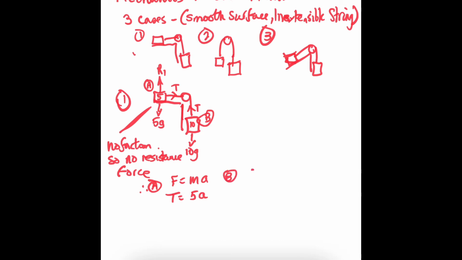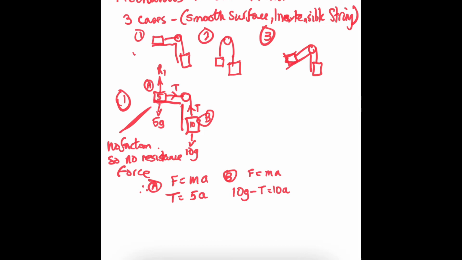Now we're going to look at B. This one, you've got a 10 kg mass, so F equals ma. What are the forces? Well, it's going down, so it's 10g minus T. T is pulling it in an upwards direction, and that equals the mass of the object, 10 times a, 10a.